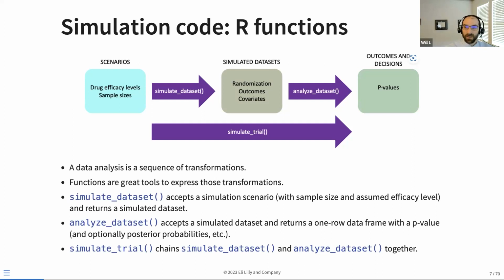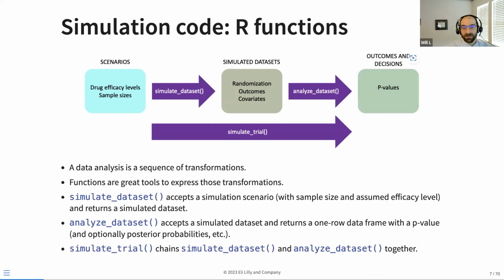R has a lot of great features when it comes to functional programming. The concept of functional programming gets very deep, but at the very basic level, using a chain of functions to express the analysis that you're doing is extremely valuable and extremely clarifying, and makes the analysis clean and modular, if done carefully.